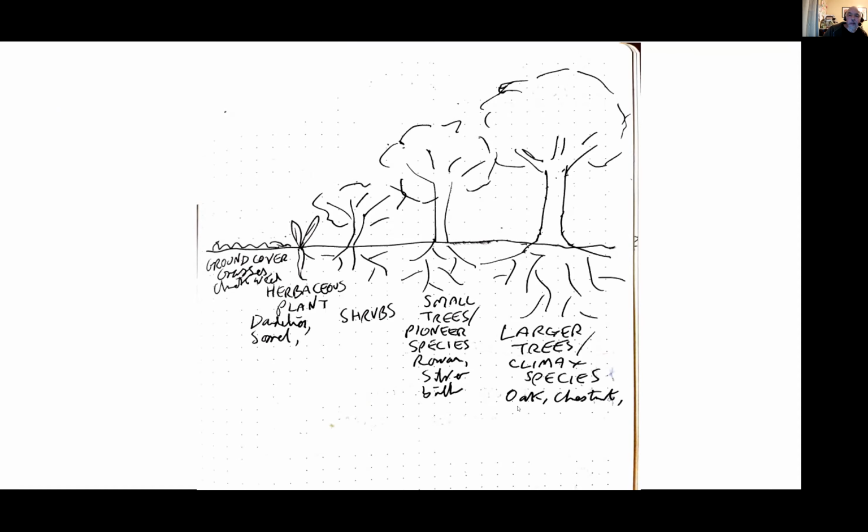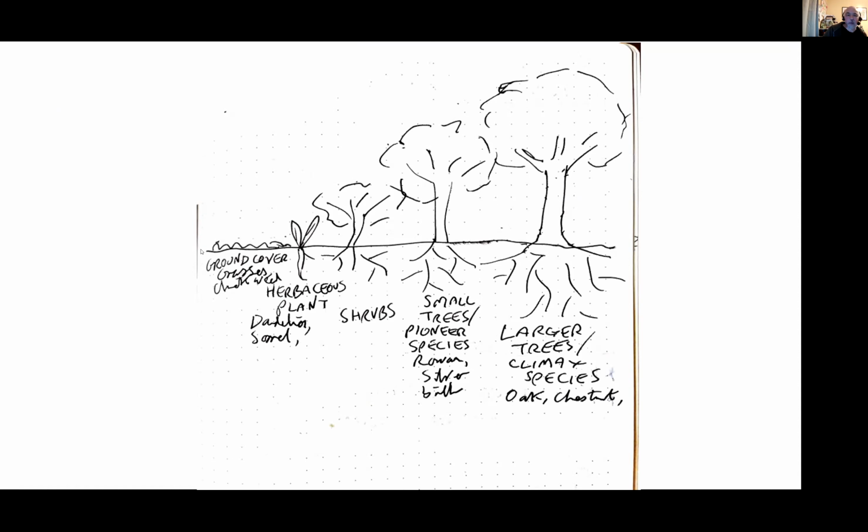So things like oak here in the UK, chestnut. And these aren't hard and fast boundaries. There can be a lot of crossover. Things like ash might be a pioneer species, but it can grow into a larger, longer lived tree. So it's not hard and fast boundaries, but this is the pattern.